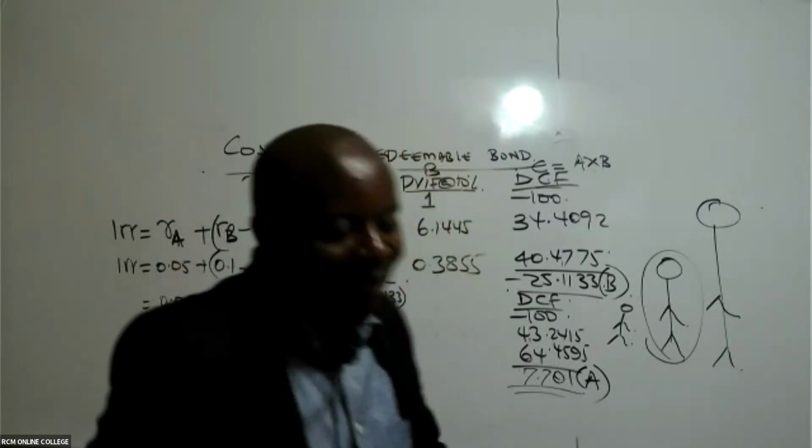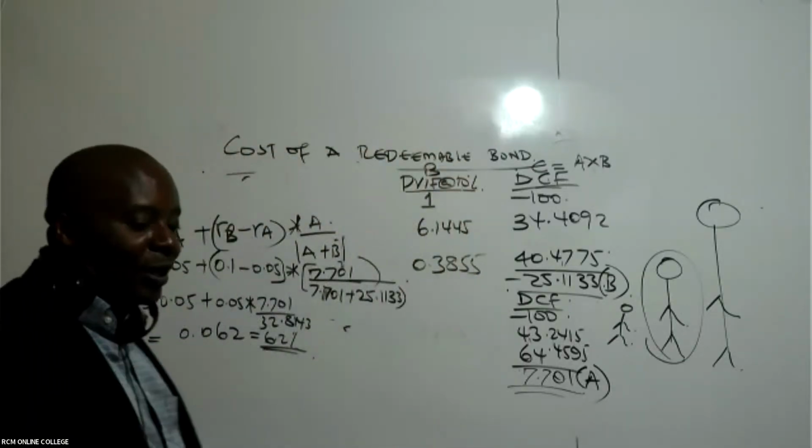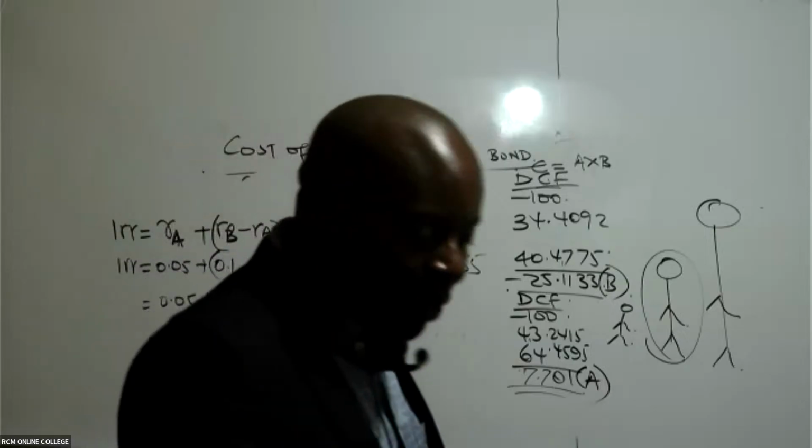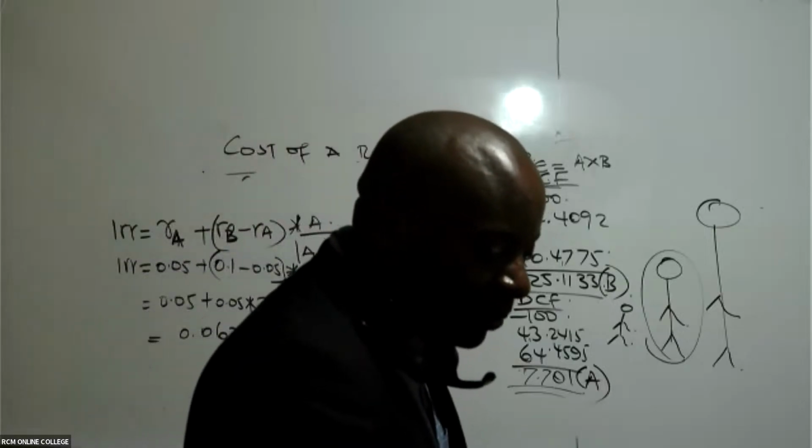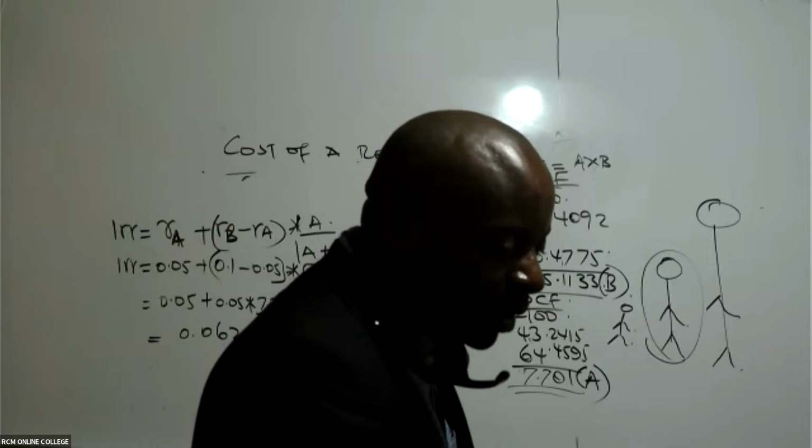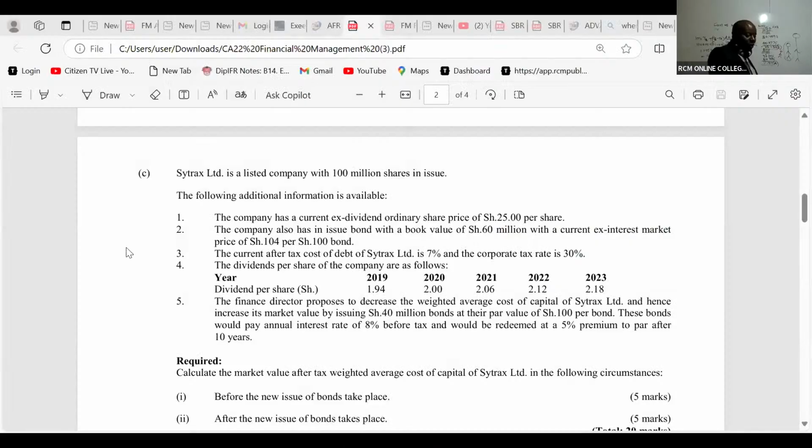All right. So this is okay, but remember what they want us to do. This examiner was a great examiner. What this examiner wanted my students to do was to come here and calculate the WACC in the following circumstances, after now the issue of the bond.